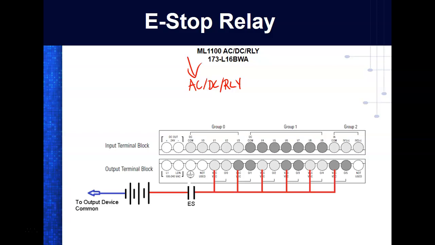So this PLC powers off of what? AC. So it powers off DC would need a power supply. This tells you the type of inputs. So these have DC inputs, and this tells you the type of outputs.